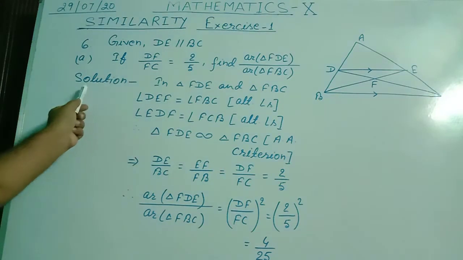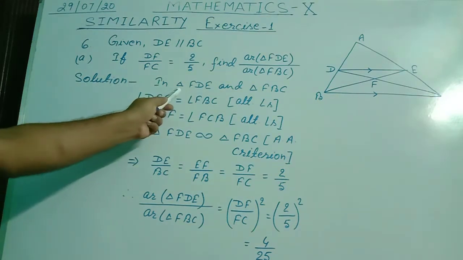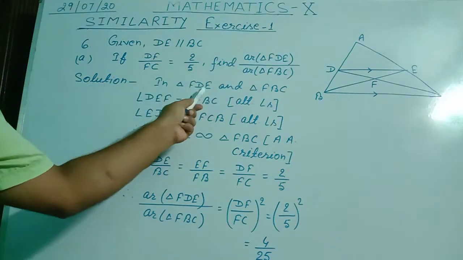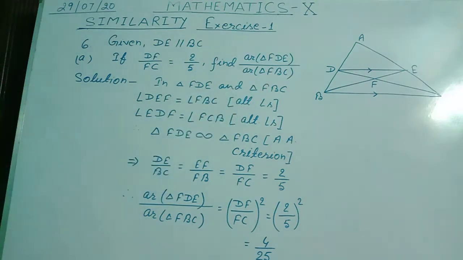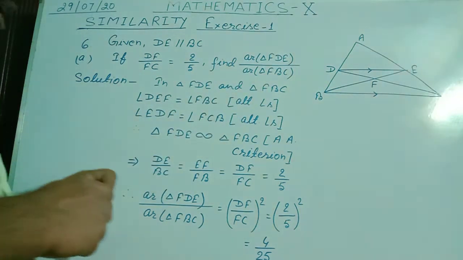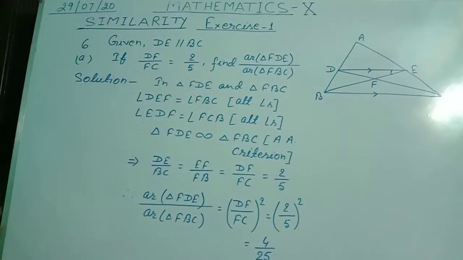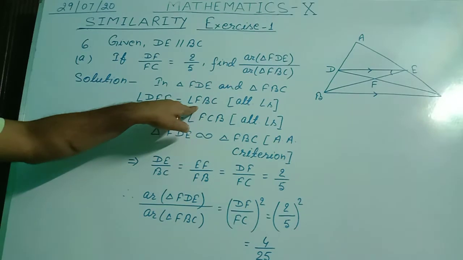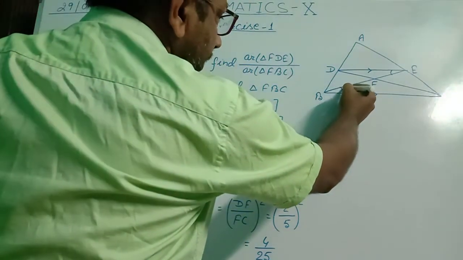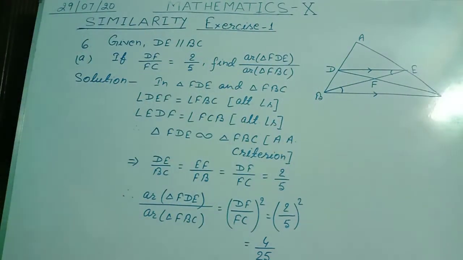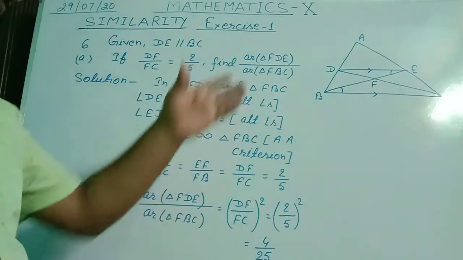For that, we write the statement: in triangle FDE and triangle FBC, we are seeing angle DEF. This is angle DEF. That angle is equal to angle FBC, this angle, because the reason is alternate angles.